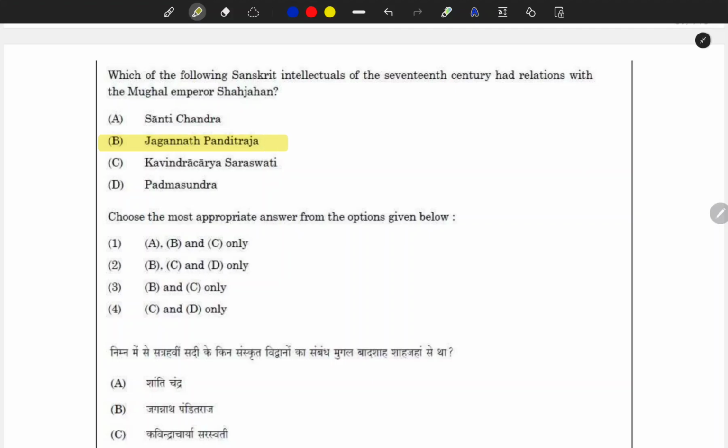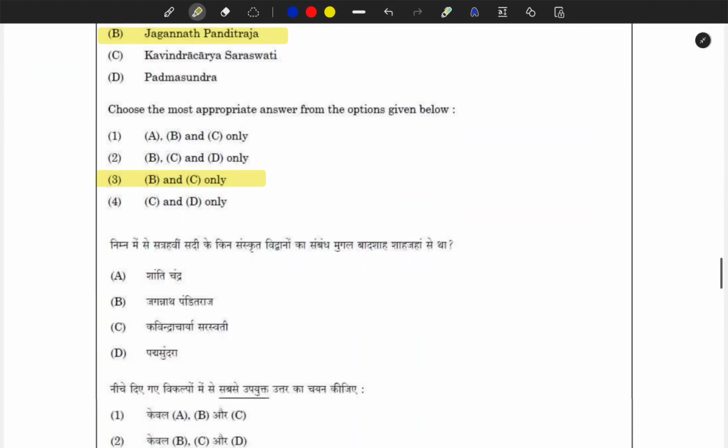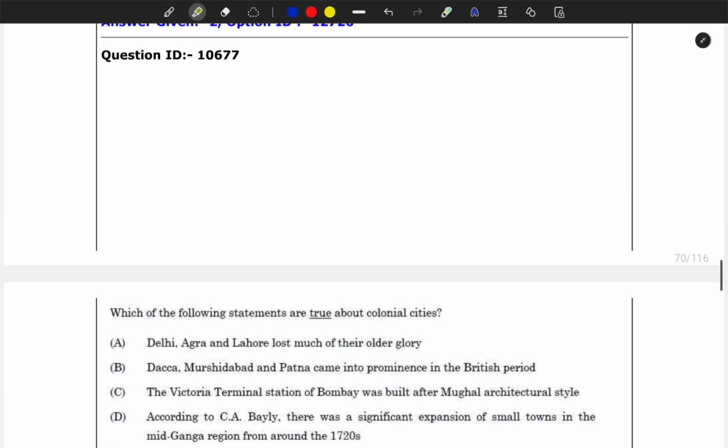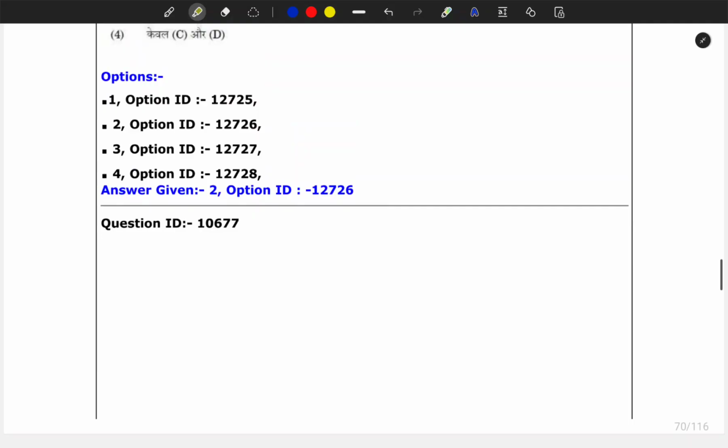He belonged to the court of emperor Shah Jahan, and he wrote something in that age. If we consider him, we can have 3 options, but again I don't know. The correct option is B and C, which is 3. Kavindracharya Saraswati, I was not sure about that. So I'll stop here because we have already completed 50 questions.